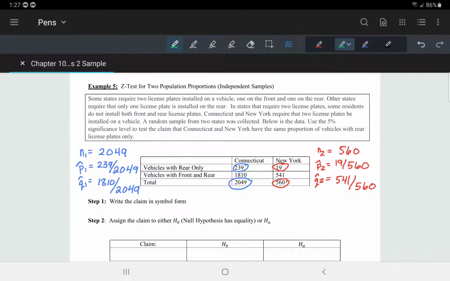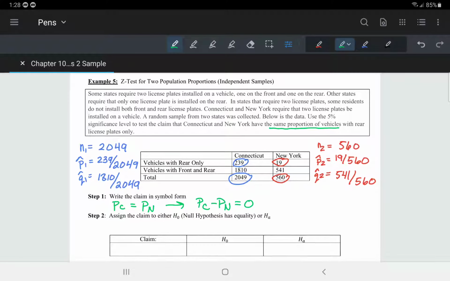So the next thing we have to do is determine the claim. We are asked to use the 5% significance level to test the claim that they have the same proportion of vehicles. So the claim, we're going to say the proportion of Connecticut is equal to the proportion in New York. And remember, we could write this as the proportion of Connecticut minus the proportion of New York is equal to 0.